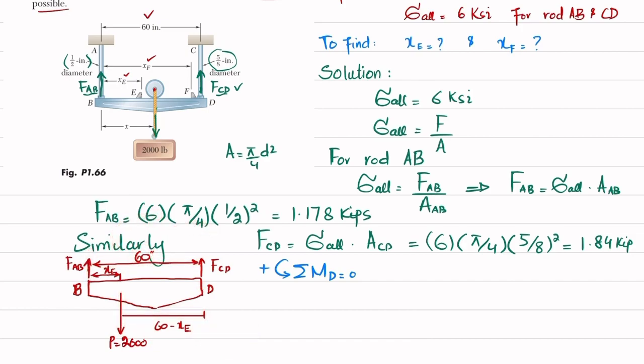Their sum must be equal to 0. So I will write minus 60 into FAB plus 2000 into 60 minus XE must be equal to 0.